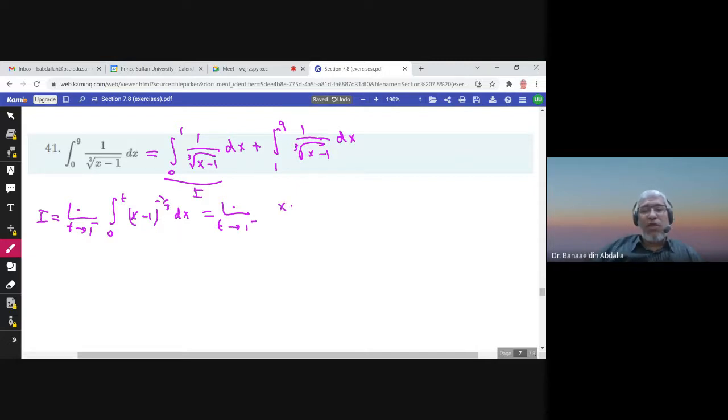Well, this integral is x minus 1 to the power -1 over 3 plus 1, which is 2 over 3, or times 3 over 2, from 0 to t.